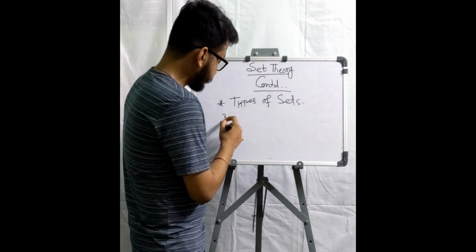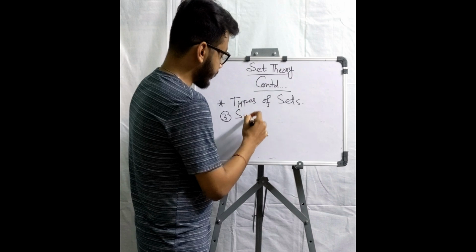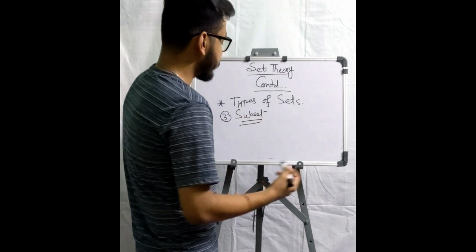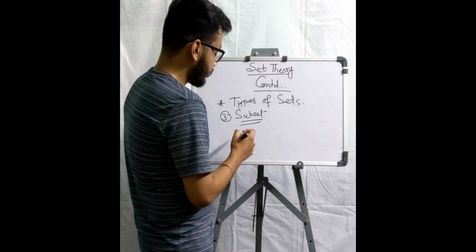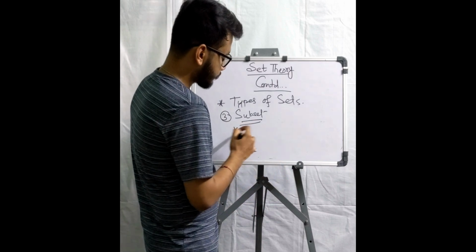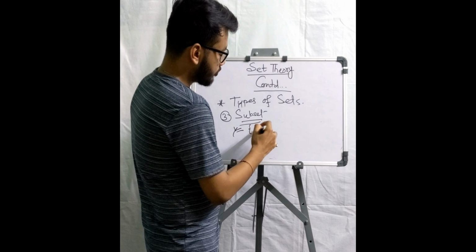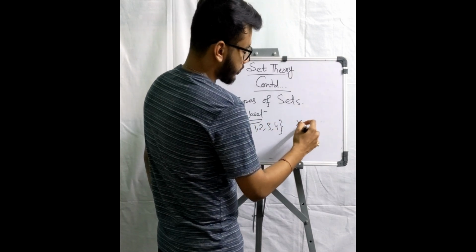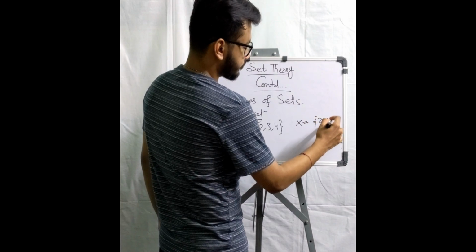Thirdly, we are going to understand what you mean by a subset. Let us try to understand with the help of an example. We have a set Y, and we write 1, 2, 3 and 4. Similarly, we have a set X, and we write 2 and 3.